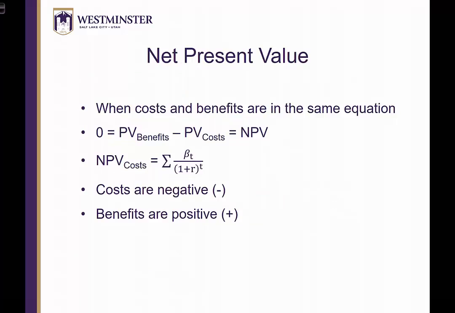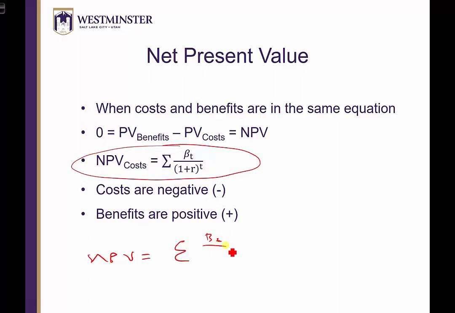We're going to look at net present value in our basic present value, but in this case, we're going to consider the costs and the benefits in the same side of the equation, such that we really are looking at net present value is equal to the sum of the cash flow or benefit over a period of time divided by 1 plus r to the t.